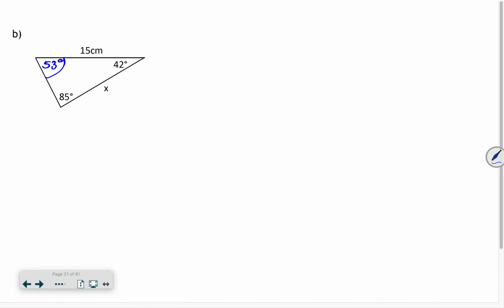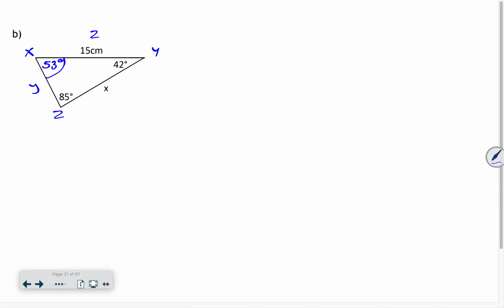And like I said at the beginning, always assume the sine rule. This isn't the cosine rule situation, so we can use the sine rule. Let's label it. I'll call this angle x, so we'll call it x, y, z. We have side x, this will be side y, and this will be side z.